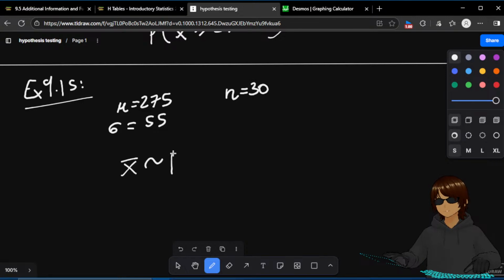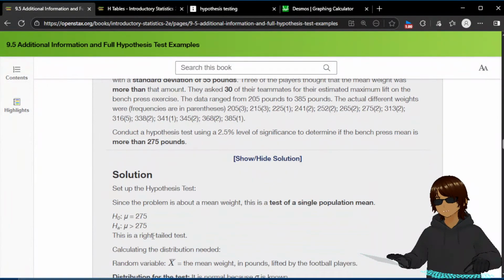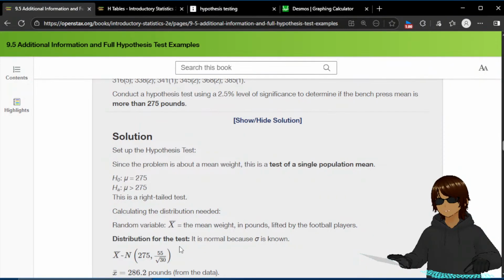X bar is distributed normally with mean 275 and standard deviation 55 over root 30. And then the mean they calculated is 286.2 pounds.